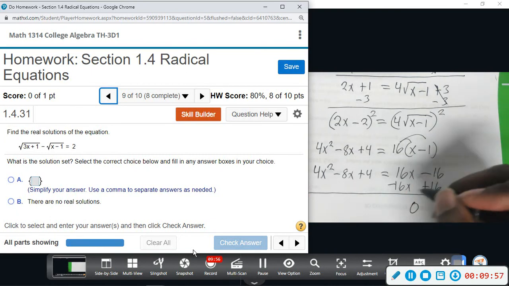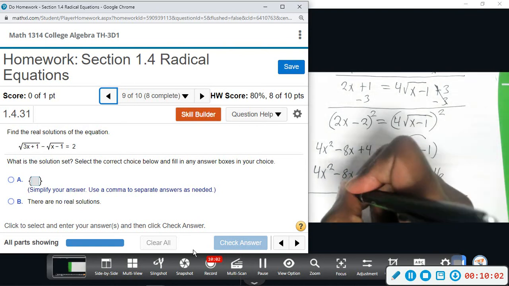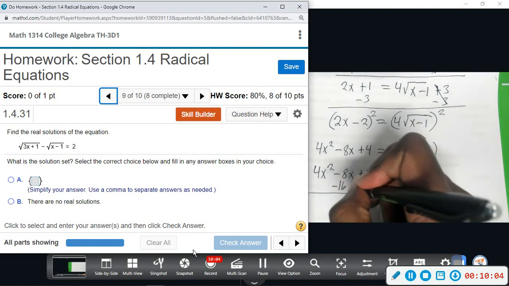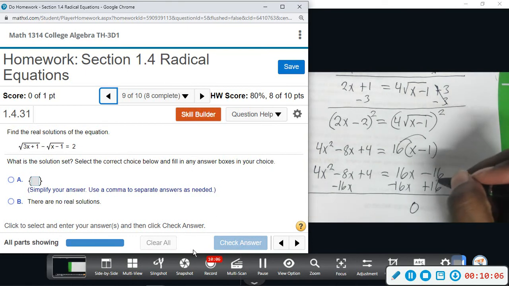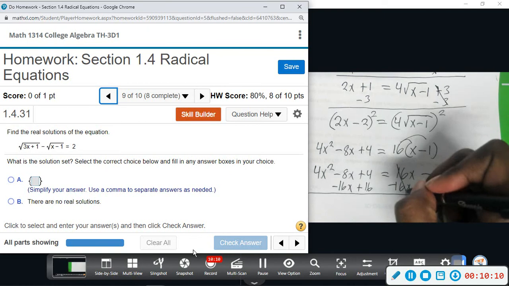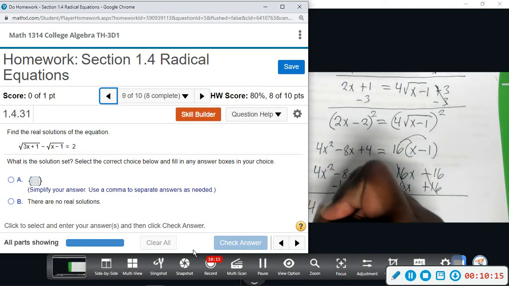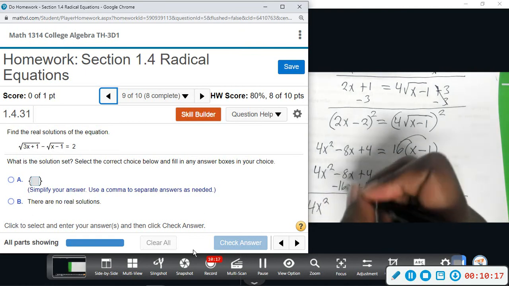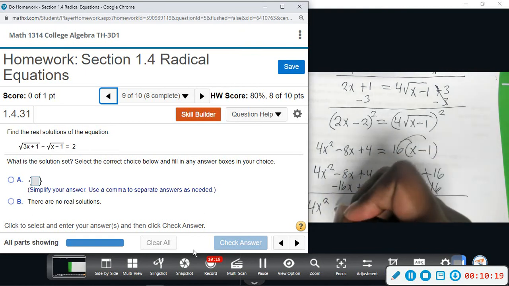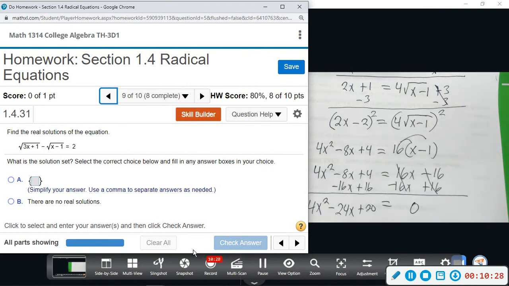So subtracting that because it's positive, so minus 16x, and then add 16. So that goes to 0, that goes to 0. And then over here we have 4x squared, minus 24x, and then plus 20.